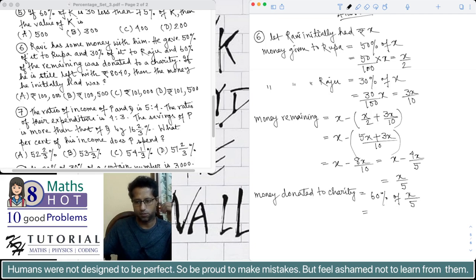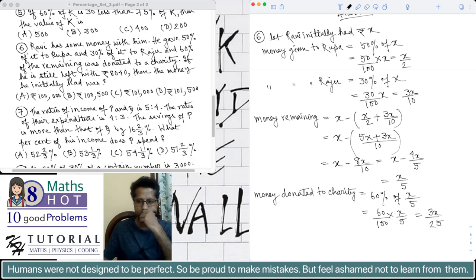This is equal to 60 divided by 100 multiplied by X by 5, and this is equal to 3 by 5. So this is equal to 3X by 25.